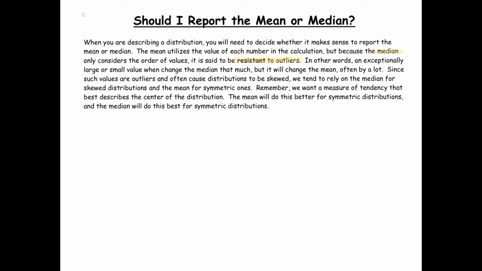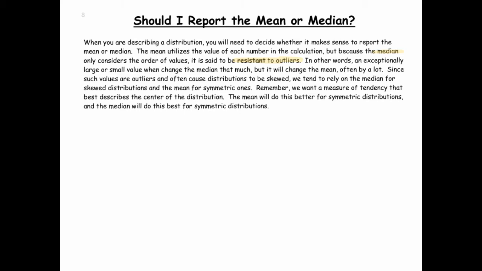Okay, now resistant to outliers means that a big outlier does not necessarily change the median much, if at all. That's important because sometimes we have data sets that have big outliers, and we want to be aware of how that can skew the information and skew the data. But the median is resistant to that, and that's because it only considers the order, right? It doesn't consider the actual values themselves. So an outlier doesn't necessarily have an impact on the median.